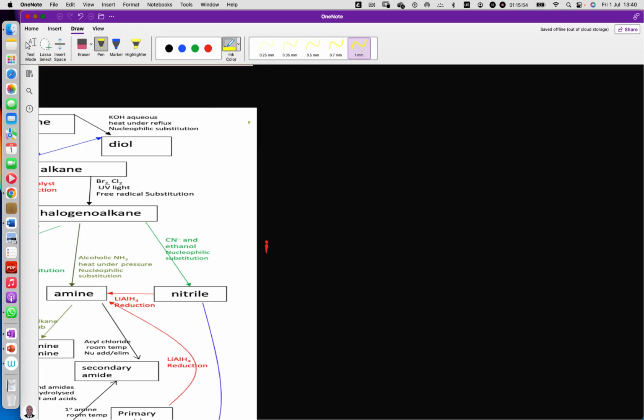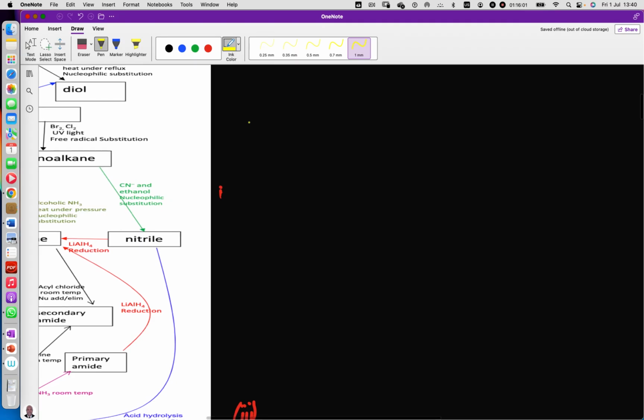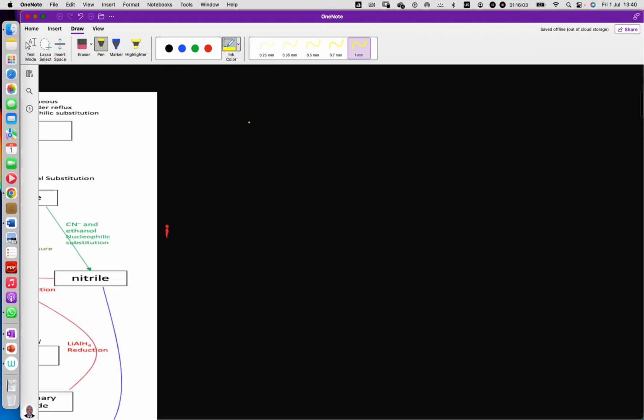Let me say ethanal. Would it produce hydroxynitrile? Okay, let's see. If you want the details of the mechanism, that's why I'm just going to the equation.